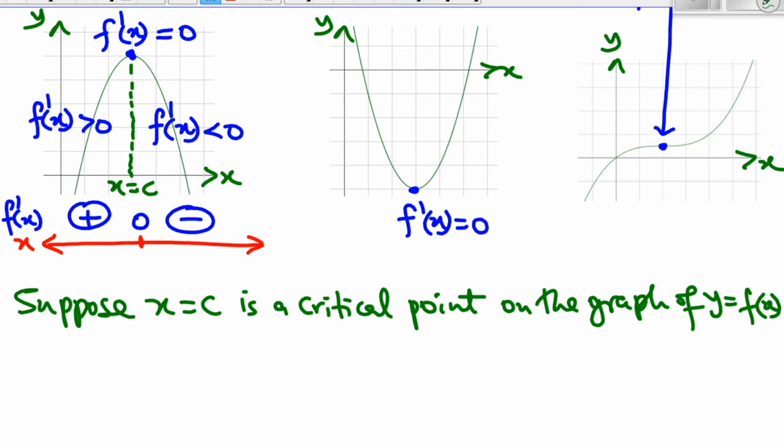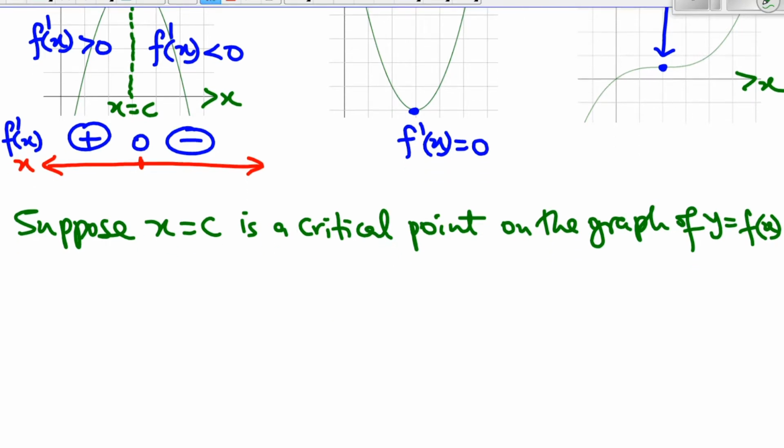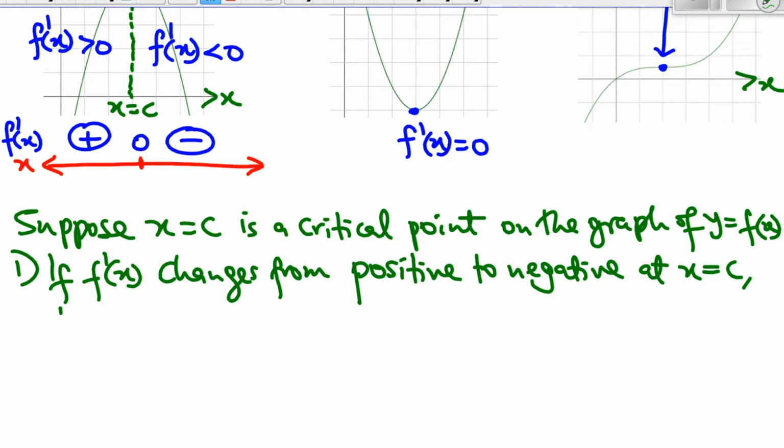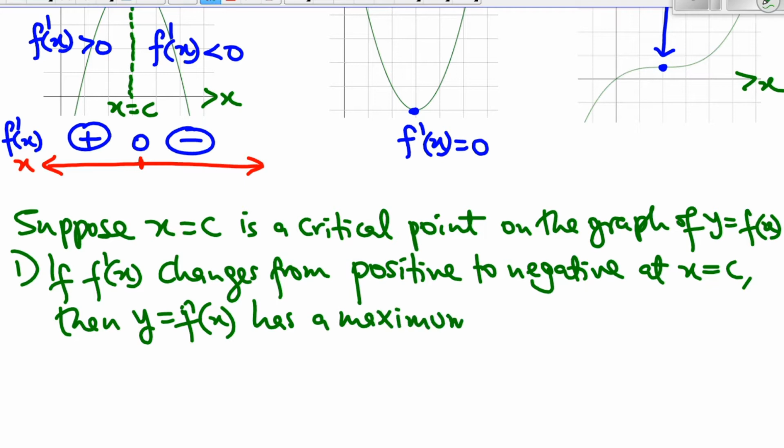Then from graph 1, we can say that if f dash x changes from positive to negative at x is equal to c, then y is equal to f of x has a maximum at x is equal to c.